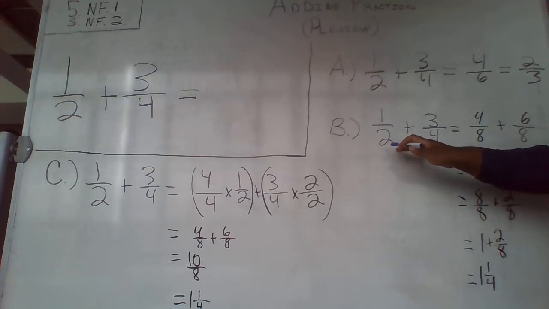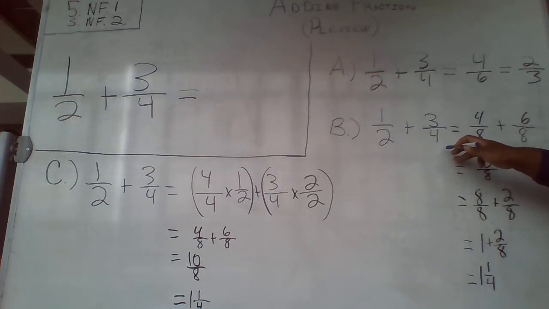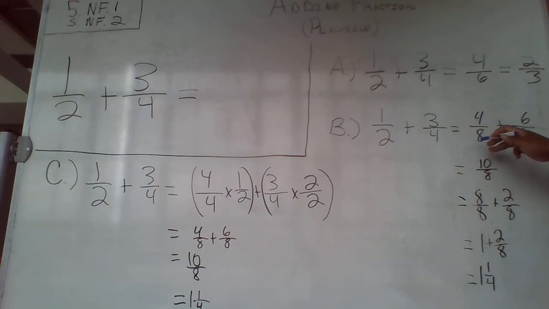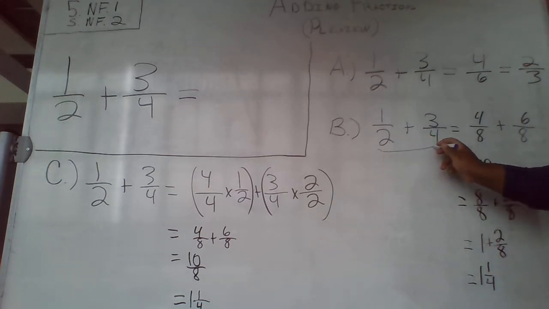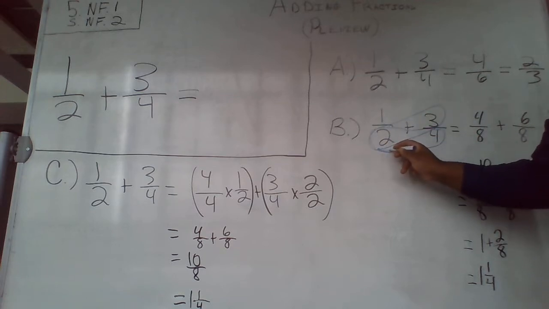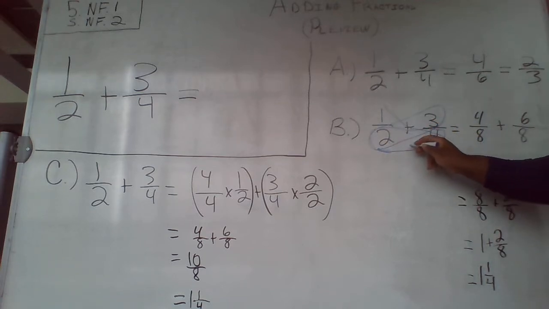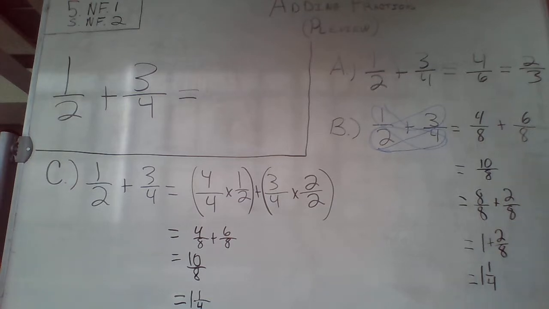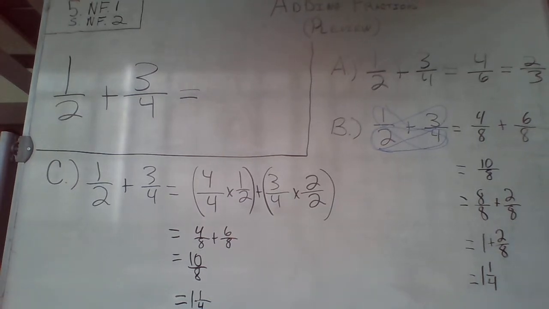B is 1/2 plus 3/4 equals 4/8 plus 6/8. So it looks like here what we did was we used the butterfly method. Okay? You guys remember the butterfly method. You loved it so much. All right? Is it appropriate to use the butterfly method on this problem?